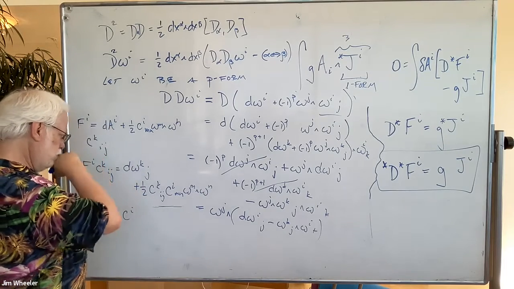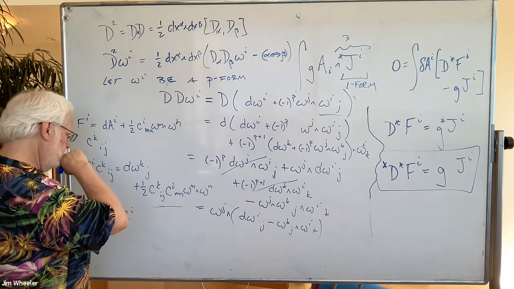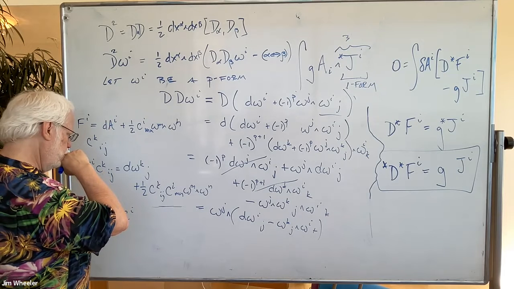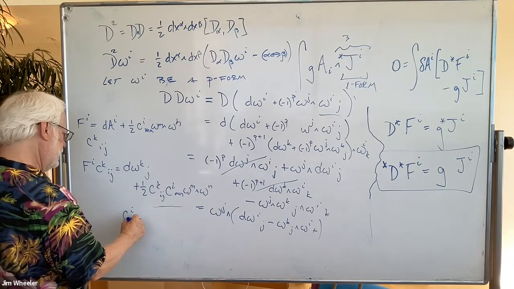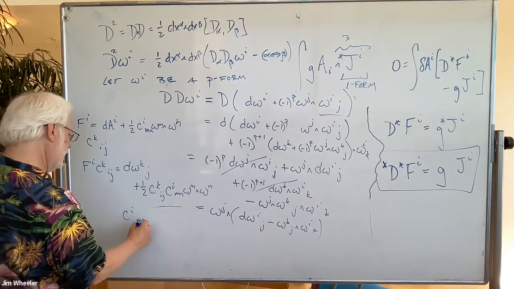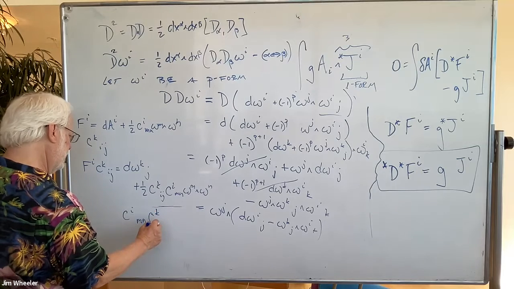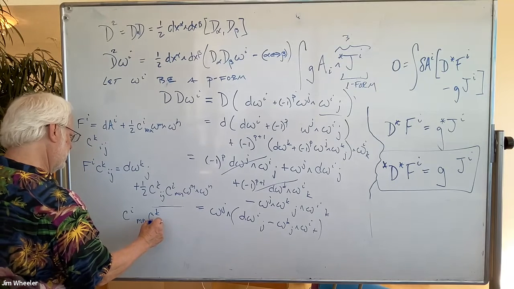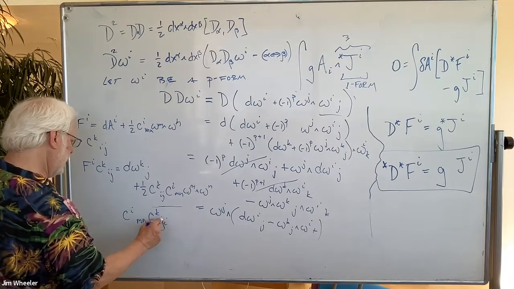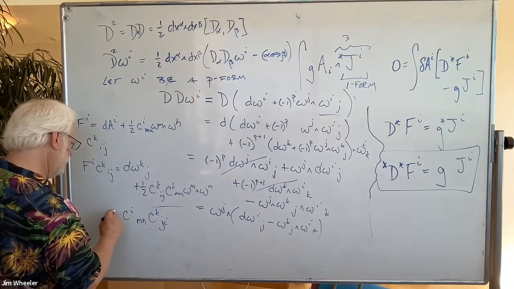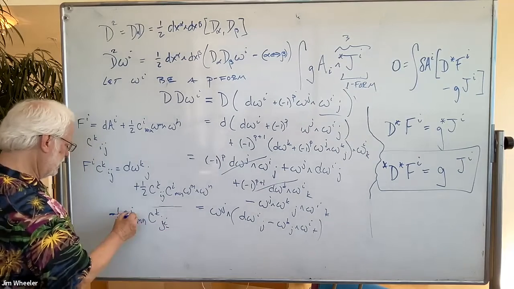Which way do I want these? C I M N C K. All right. I'm going to make it J I with a minus sign. So interchange those two. So I'm summing on this last one.